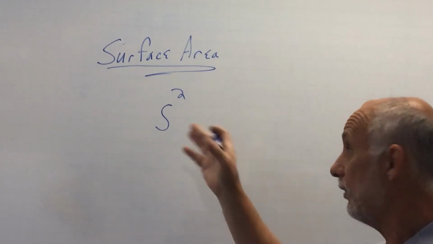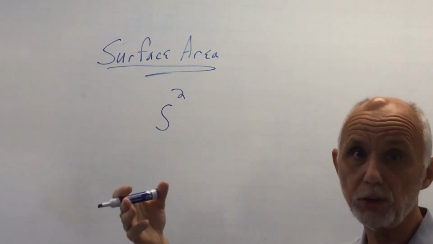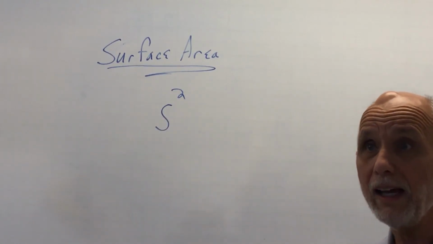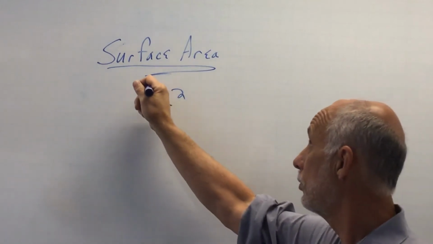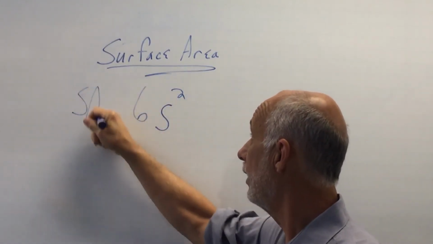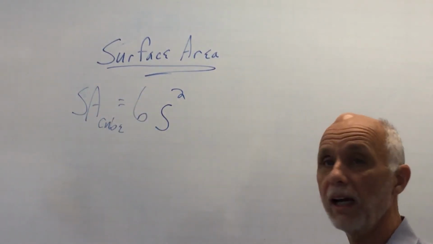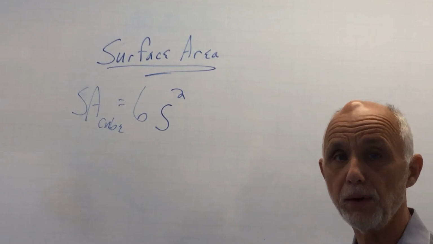And then you could add s squared plus s squared plus s squared plus s squared plus s squared plus s squared. Or if you don't want to add the same thing over and over again, just multiply times 6. So the surface area of a cube is equal to 6 times the side to the second power.